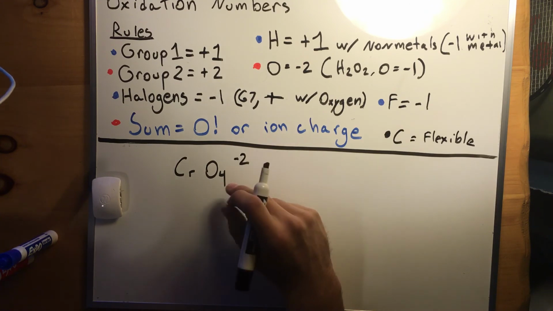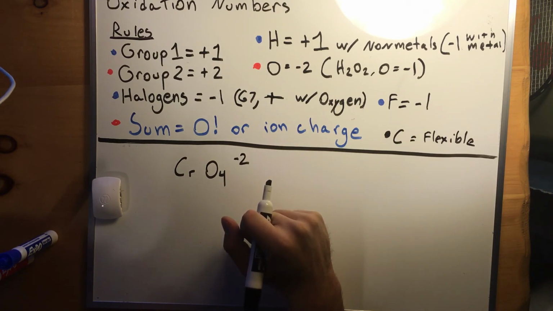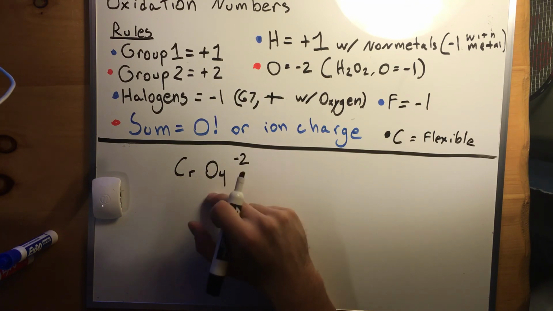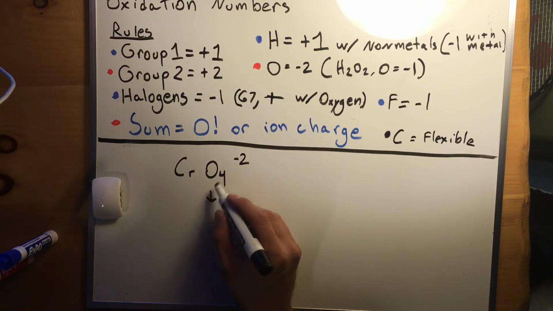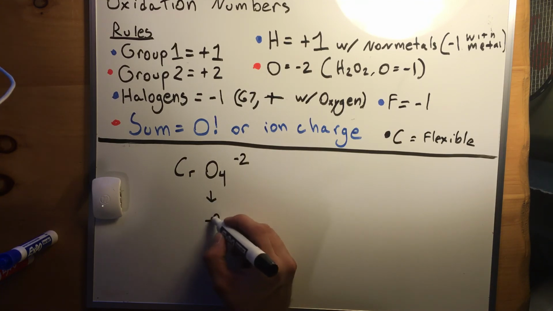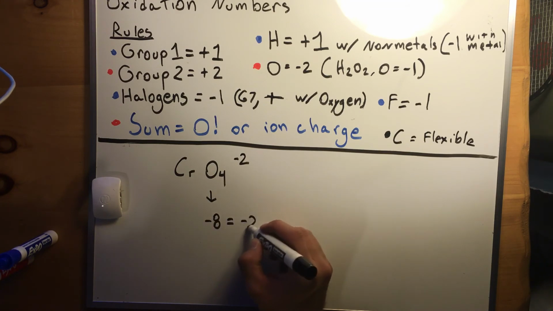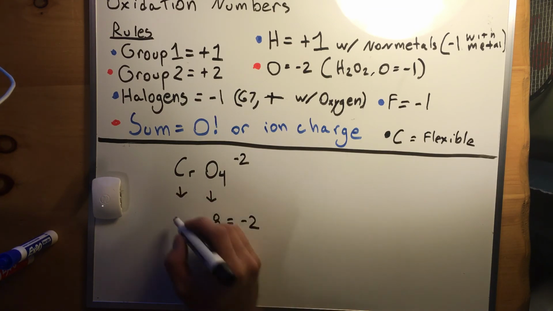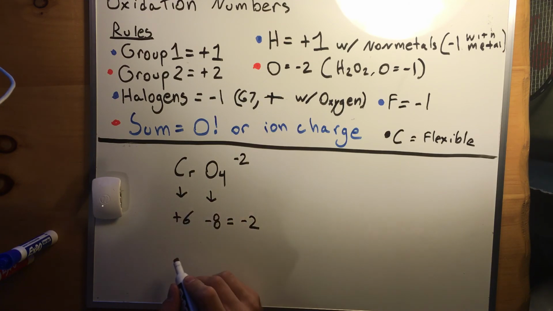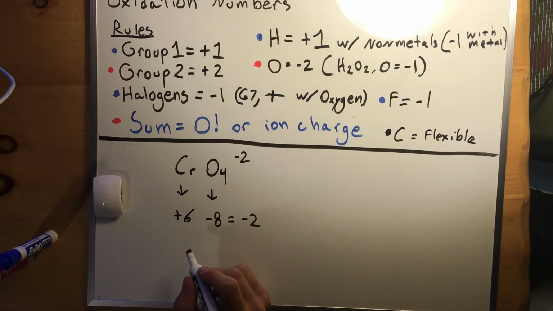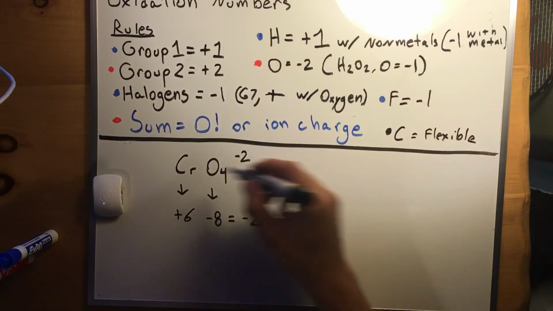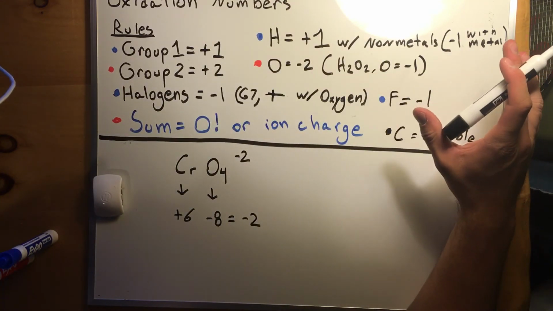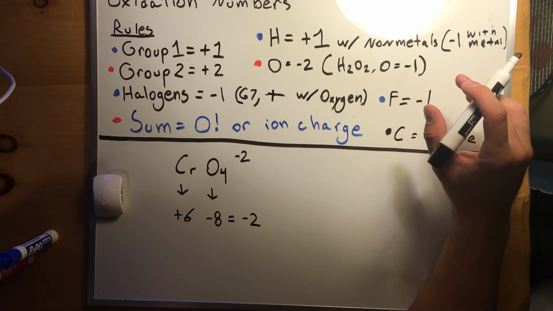Now Cr is a metal, it's chromium, oxygen, -2. So we know that this is 4 times -2, so this is -8, needs to equal -2, so chromium must be +6. So you can start to see how if you learn these rules, plus that atoms by themselves are 0, you can answer most oxidation state questions.